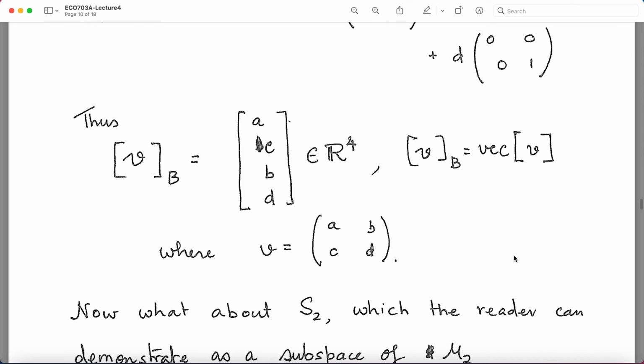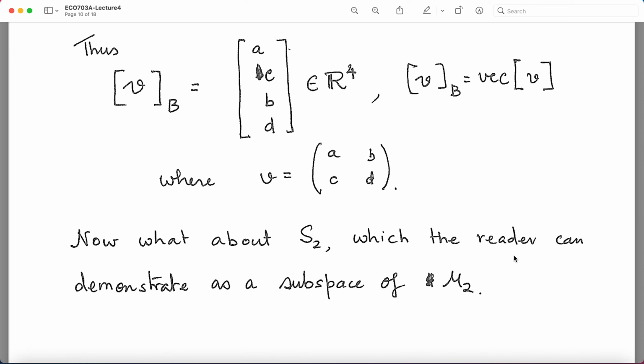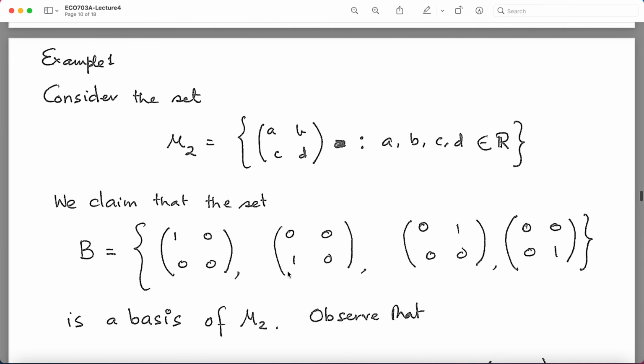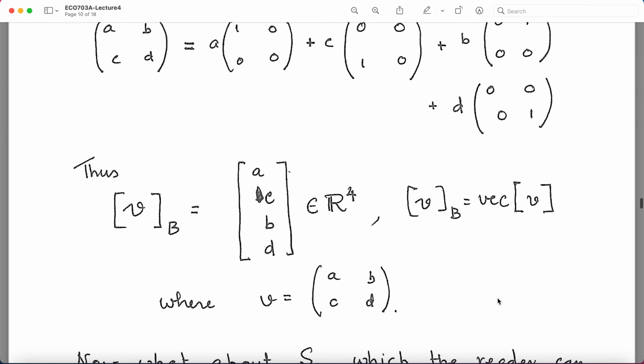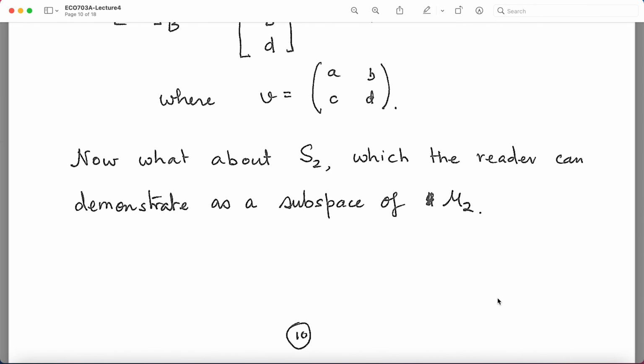So, let us now go over to S2. Now we know that this M2 has dimension 4. So, there are 4 elements in the basis which are linearly independent and span the space. So, what about S2? The reader can demonstrate that it is a subspace of M2.